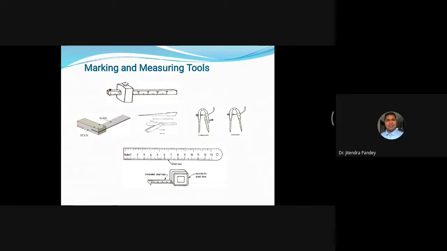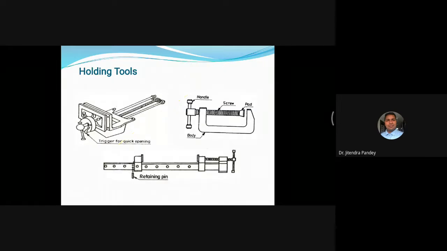That's why we, being engineers, must understand the names of the tools required for carpentry work, fitting work. This one at the top is the mortise gauge, then try square, compass, then ruler, then measuring tape. These are the measuring tools.